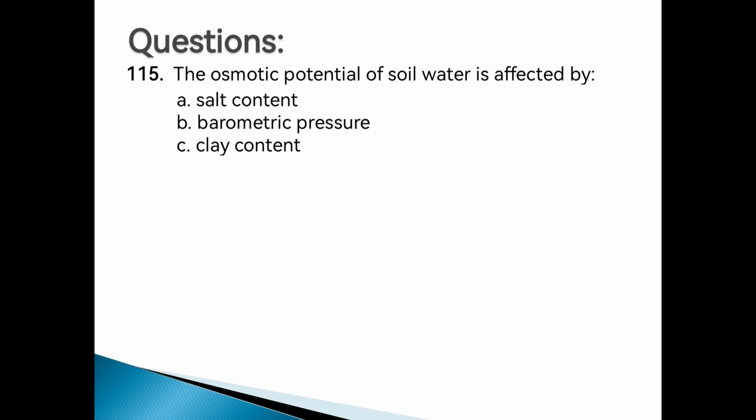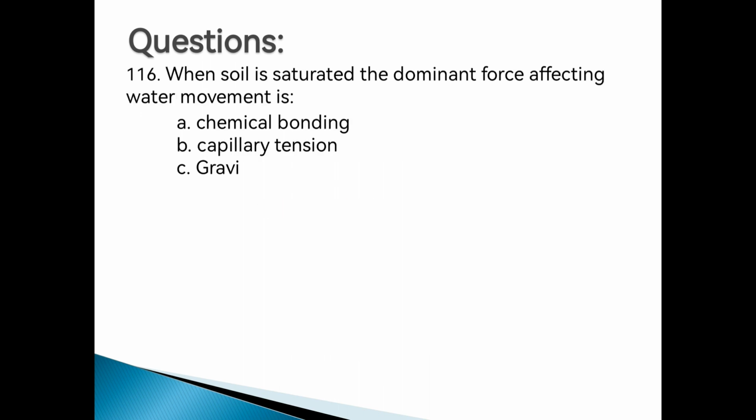The correct answer is A. salt content. Question 116. When soil is saturated, the dominant force affecting water movement is A. Chemical bonding, B. Capillary tension, C. Gravity. The correct answer is C. Gravity.